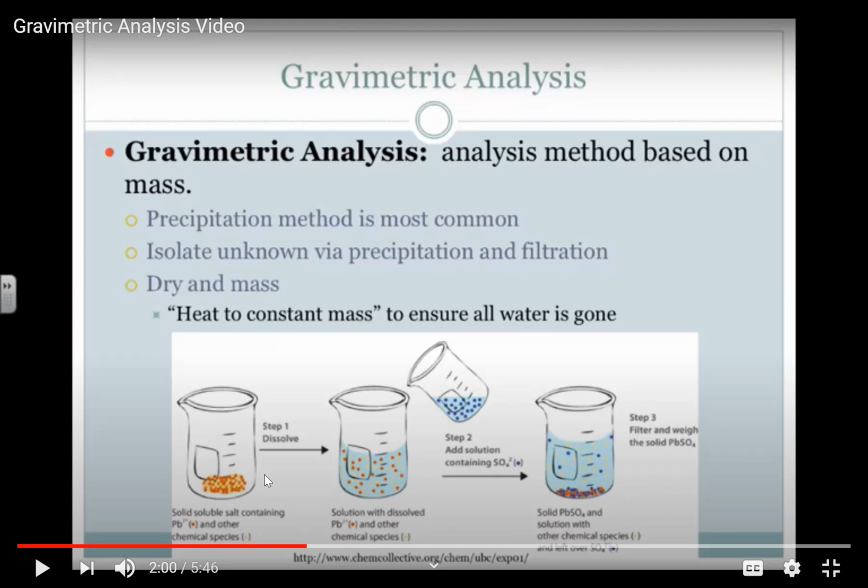You want to take out your analyte from a chemical compound, you turn it into a solution, and then you add in precipitation reagent, and from there you separate the precipitate produced from the solution through filtration.